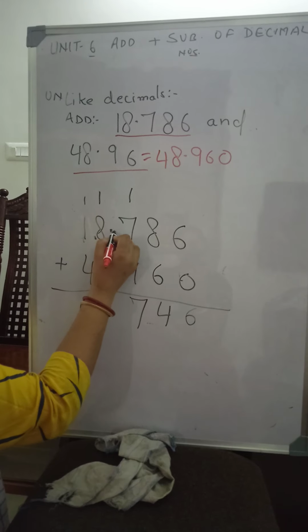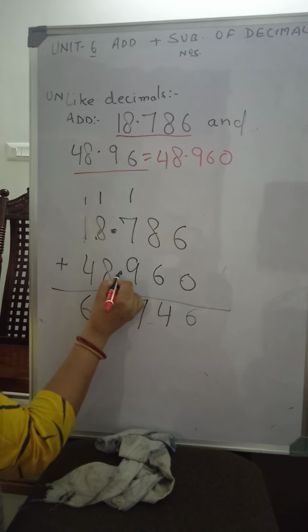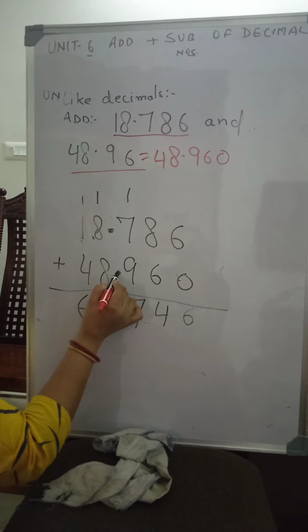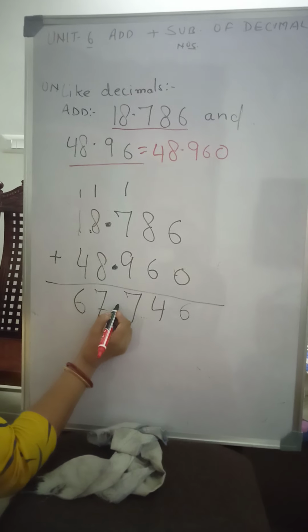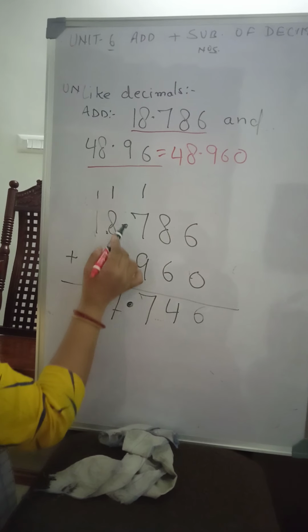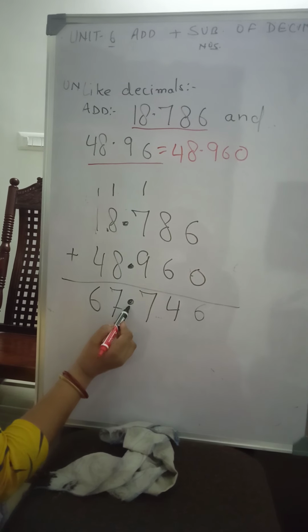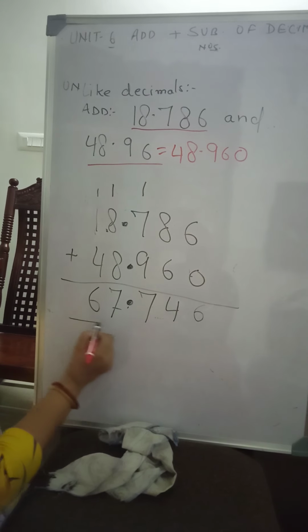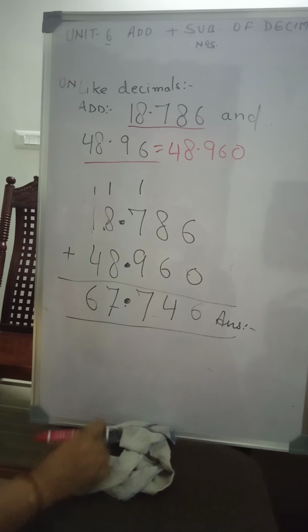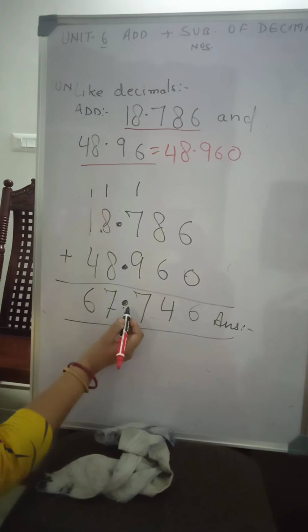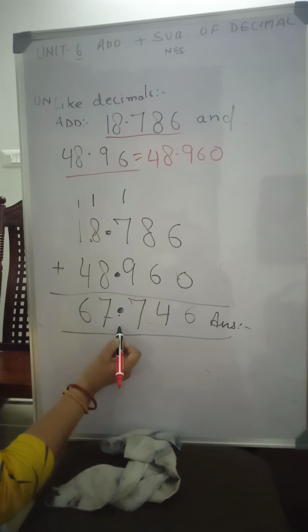Right? Now all of you see the decimal number. Here is the decimal point. The decimal point should come one below the another in the column. So this is the answer. In this way, we place the decimal point in the sum also.